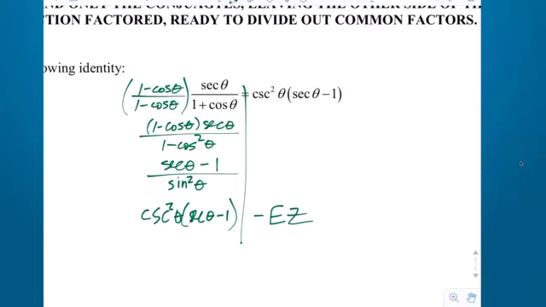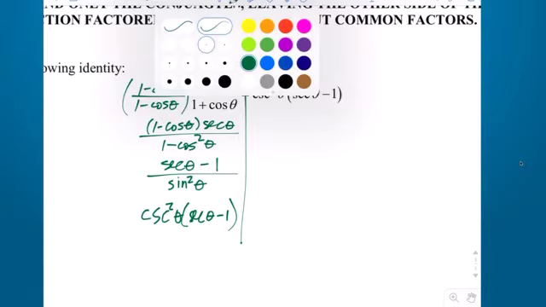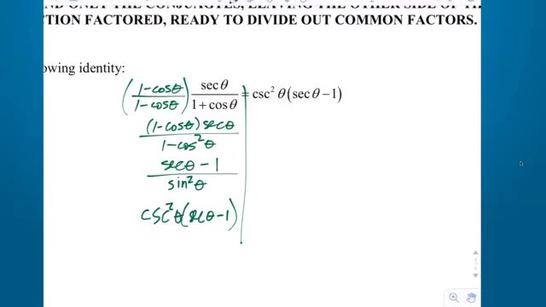Okay. What if we started on the right-hand side? You want to see what that would look like? Well, if I were starting on the right-hand side, what I would probably do is everything that I did here backwards. I would bring cosecant squared to the bottom, call it sine squared. I'd call sine squared 1 minus cosine squared.